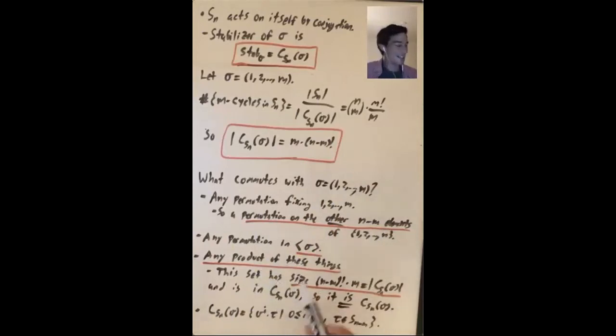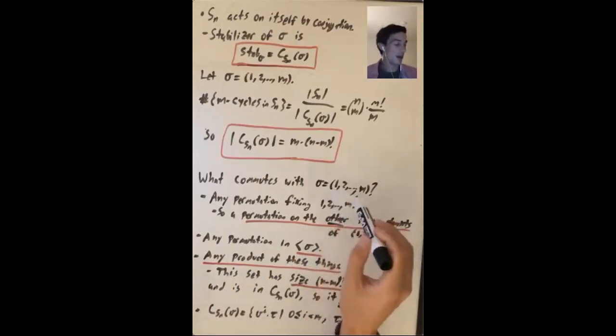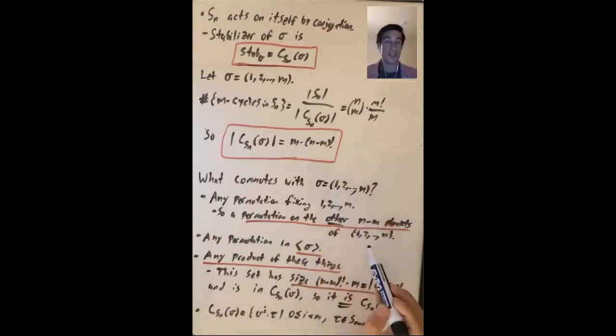And now what is the size of the set of things we have found so far? There are (n minus m) factorial permutations of the other n minus m elements of 1 up through n. And then there are m things in this cyclic subgroup generated by sigma. Since things in this cyclic subgroup only move the elements 1 up through m, and things in the other set only move the other n minus m elements, any product of these things is going to be distinct.